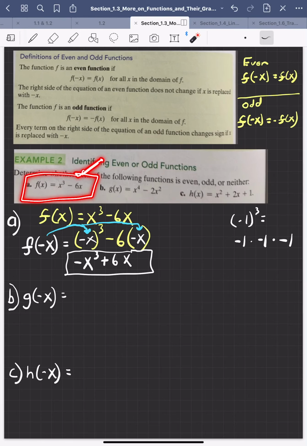Instead of having a negative 6x, you should have a positive. Does that match what you have? Yes, it does. See how it's the opposite signs. A negative x cubed instead of a positive x cubed, and a positive 6x instead of a negative 6x. So we know that this meets our definition of odd.